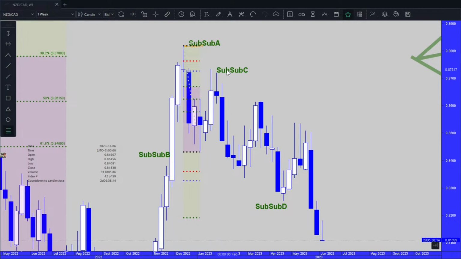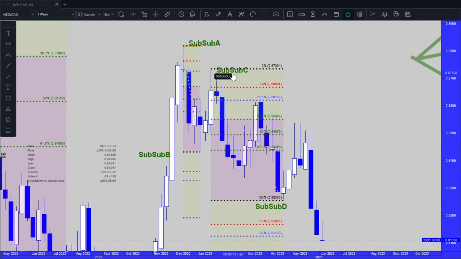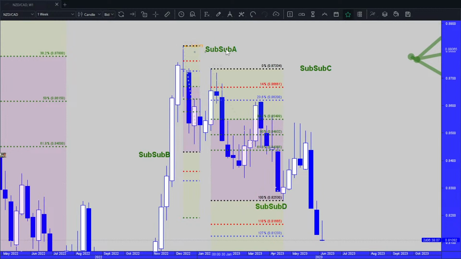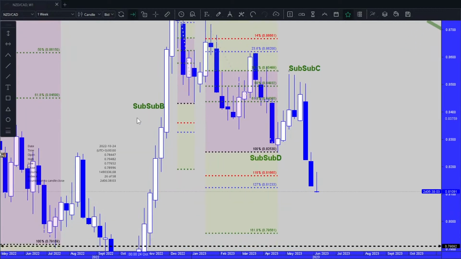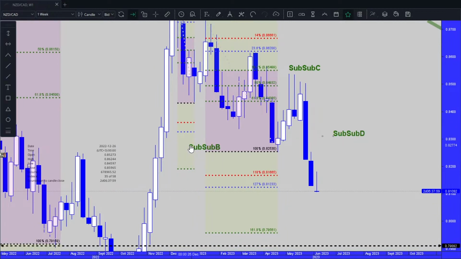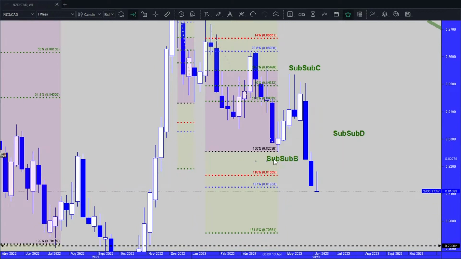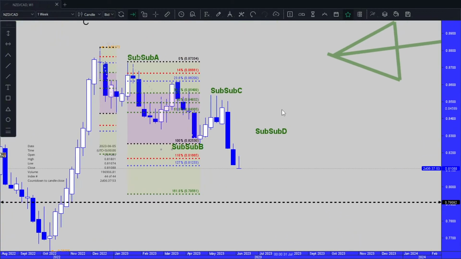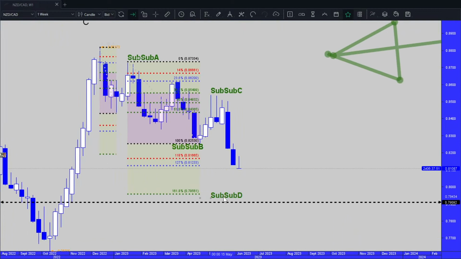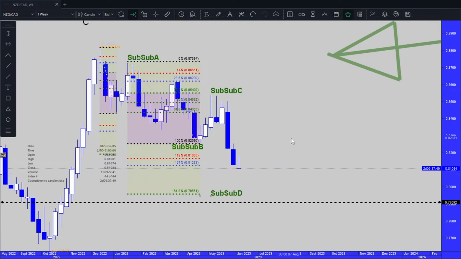Sub A goes to sub C, and sub B goes to sub D. So you have a new Fibonacci sequence. This is the projected sub D. This is our take profit, everybody.